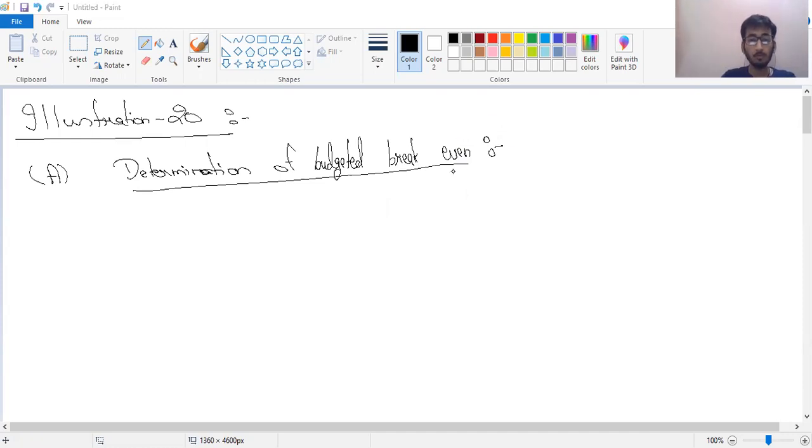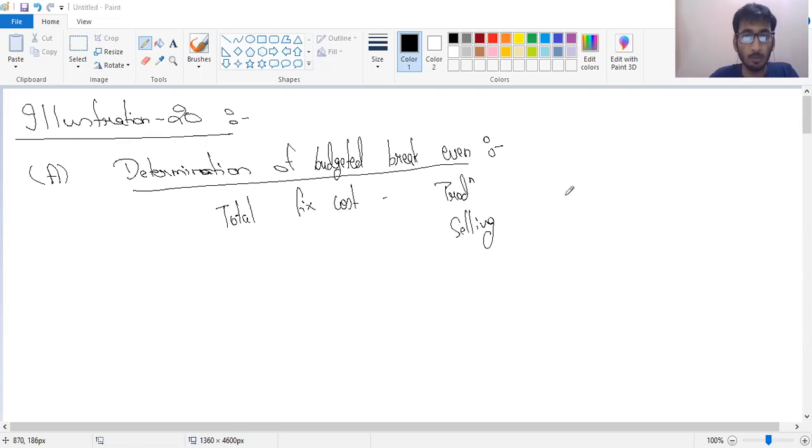Okay. So what is the fixed cost? So let's calculate the total fixed cost. There are two fixed costs, factory and selling.